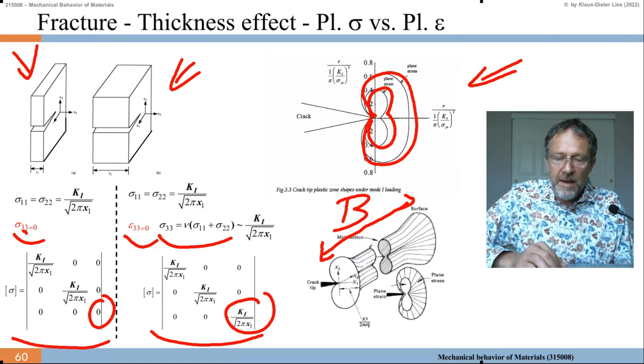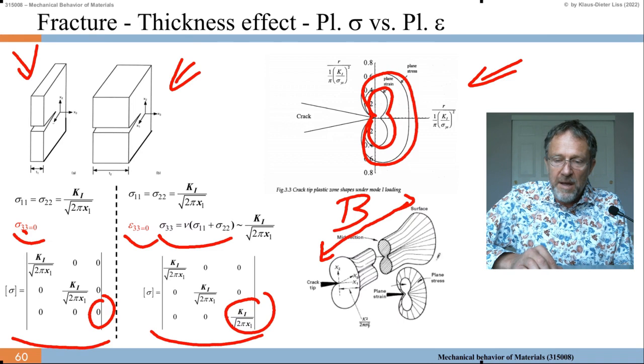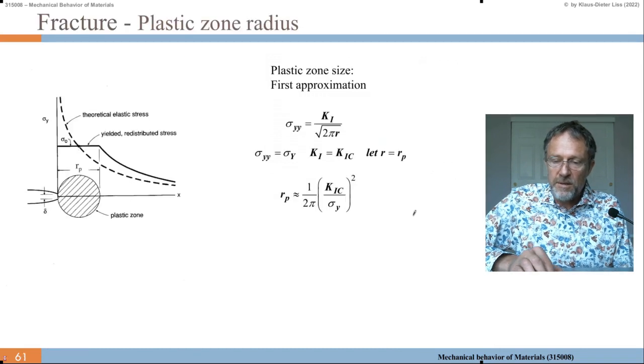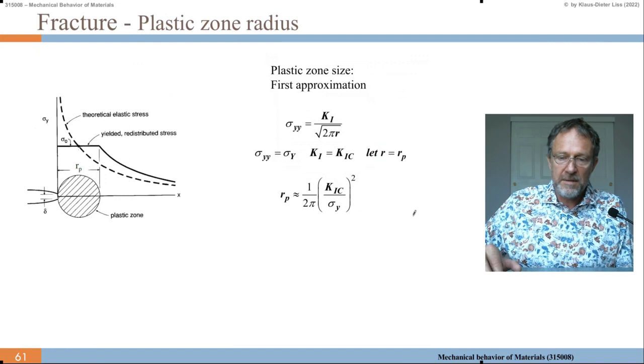Then in the thickness, we have the region of plane strain. And at the other surface, we get the region of plane stress again. So this is the yield surface. In between we have a transition zone which is not really described by our equation, but which can be interpolated.